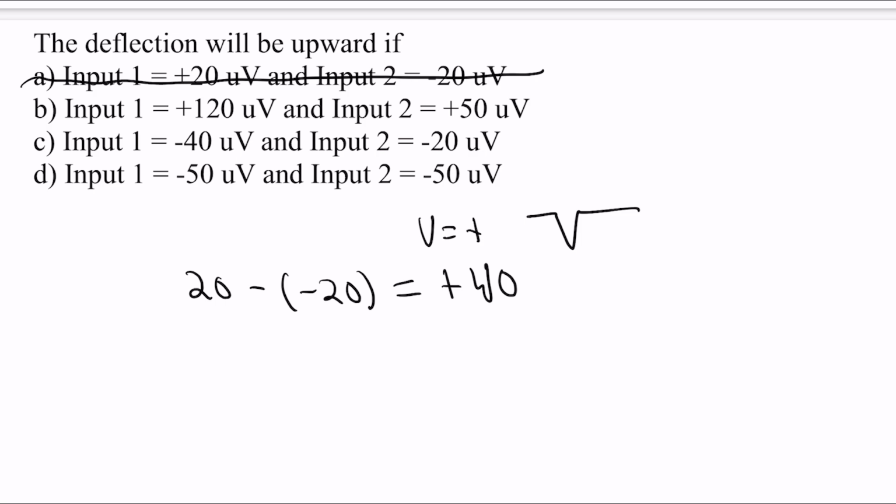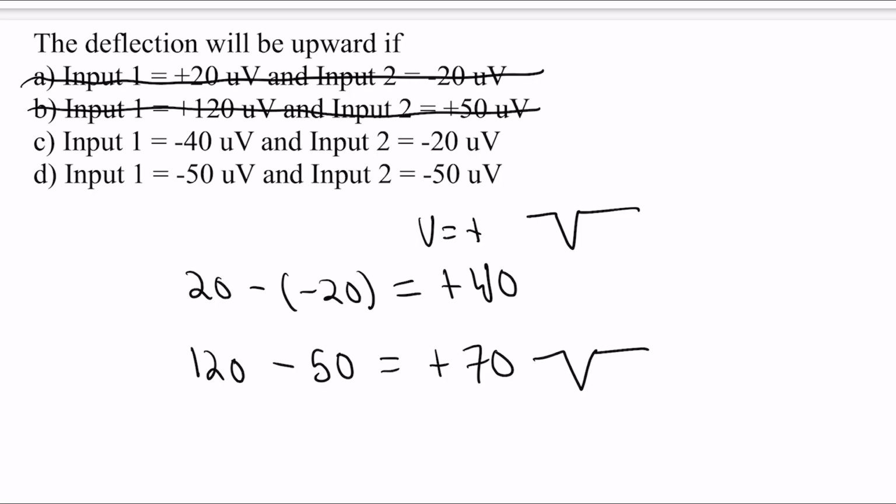Now let's try option B. We have 120 subtract 50, which gives us a positive 70 microvolts, which again, if voltage is positive, means a downward deflection.